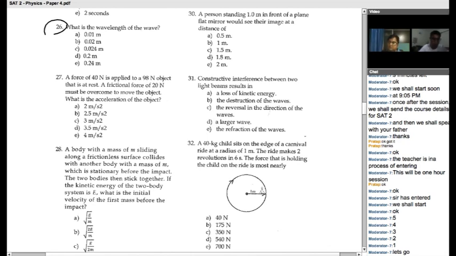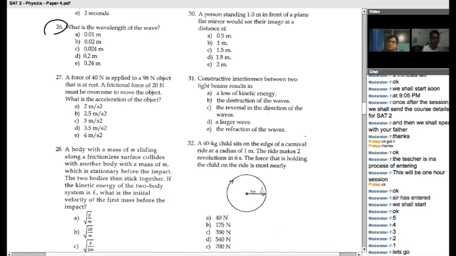A force of 40 Newton is applied, and the friction force is 20 Newton, acting on the object. What is the acceleration? You have to use the formula F equals MA. Friction always acts in the opposite direction.